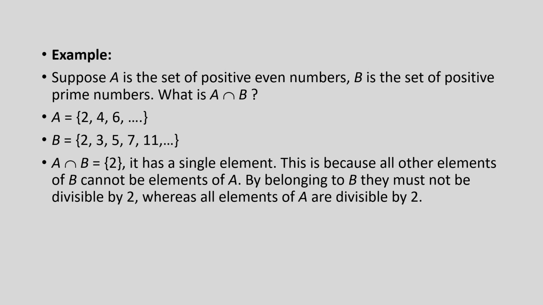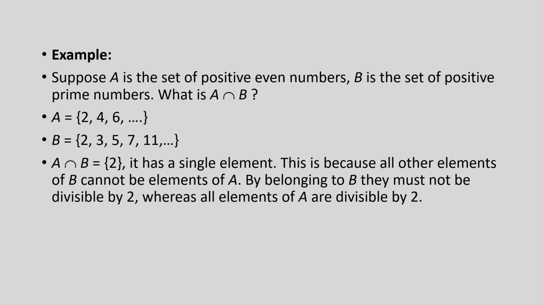And interestingly, of course, these two sets are infinite sets. So, you might think that there will be a lot of elements in the intersection set, but here it has only one element, it is just 2.